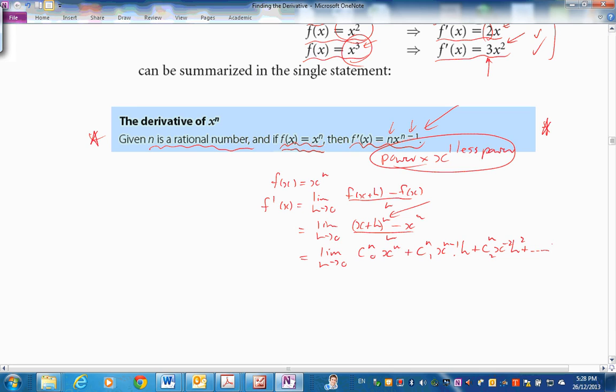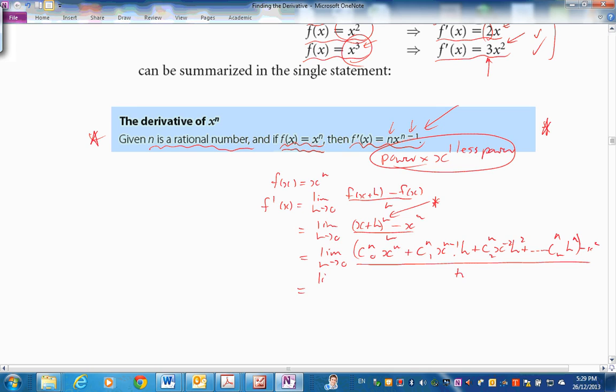We go down to nCn, no x, and h to the n, take x to the n on the end there. So that bracketed term is the binomial expansion of that first term there. Do you remember that? Okay, let's have a look at what we can do now.